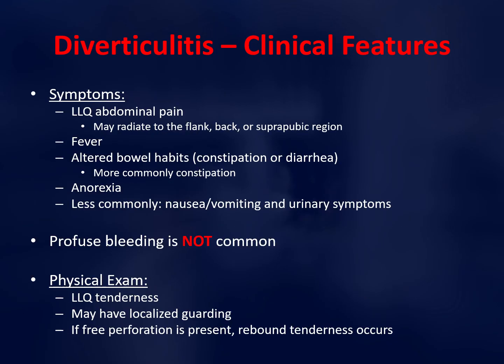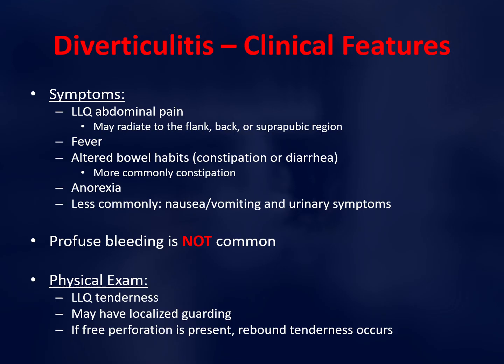So what are the clinical features of a patient presenting with diverticulitis? Usually they present with left lower quadrant pain that may radiate to the flank, to the back, or suprapubic region. They might have fever, alteration of bowel habits, more commonly constipation, anorexia, fatigue, less commonly nausea, vomiting, and sometimes urinary symptoms.